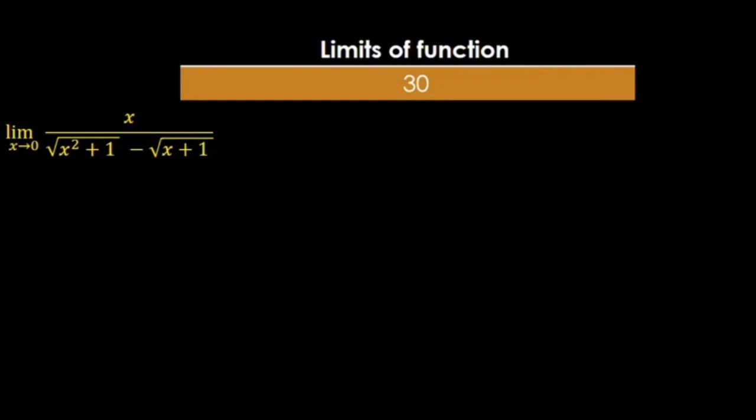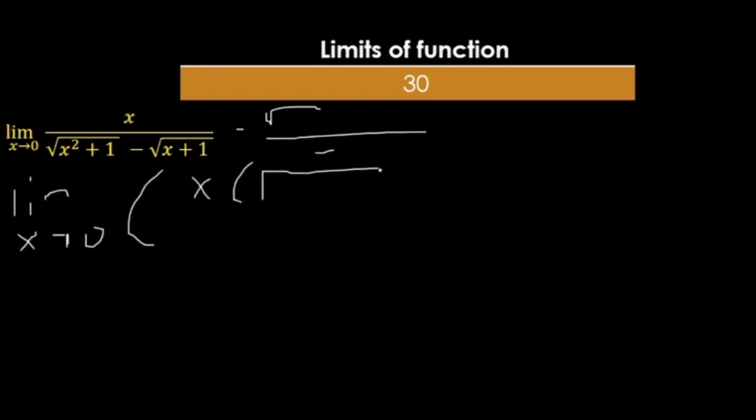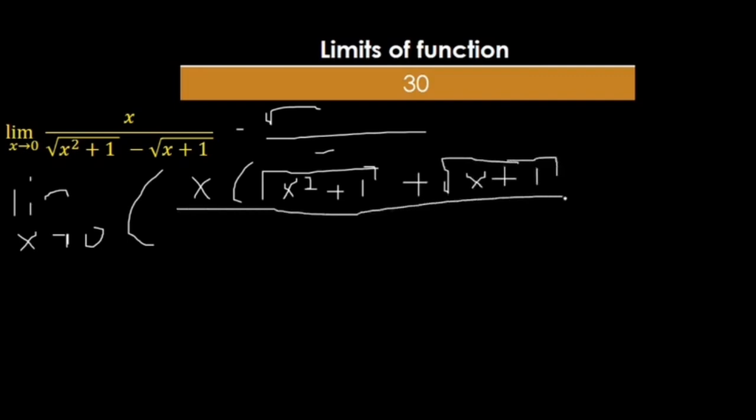I should rewrite. Okay, that is the square root of that all over that. We are going to have the limit as x tends to 0 of x into the square root of x squared plus 1 plus the square root of x plus 1 all over x squared plus 1 minus x minus 1.